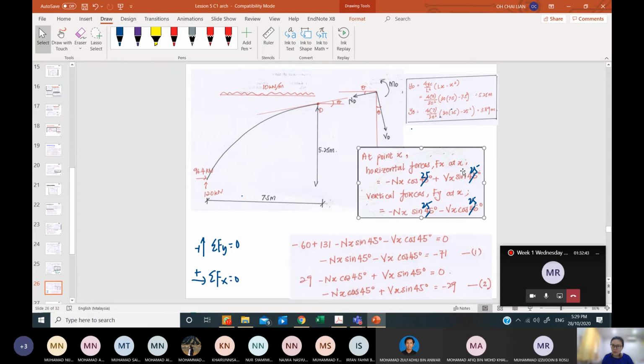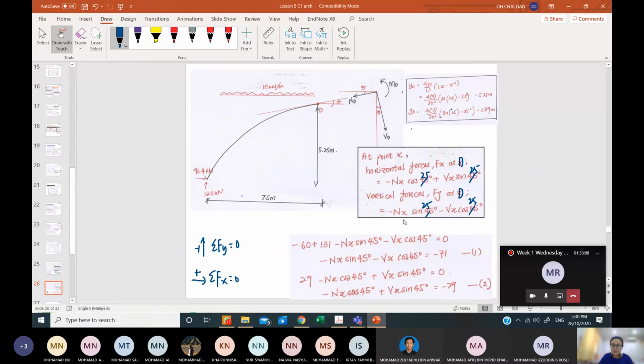It is now not x, this is D. I think the same thing applies here, where we have a minus ND cos theta, now the theta is 25, plus VD sine 25.